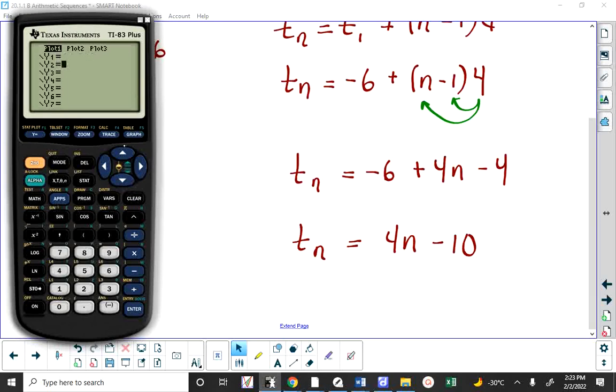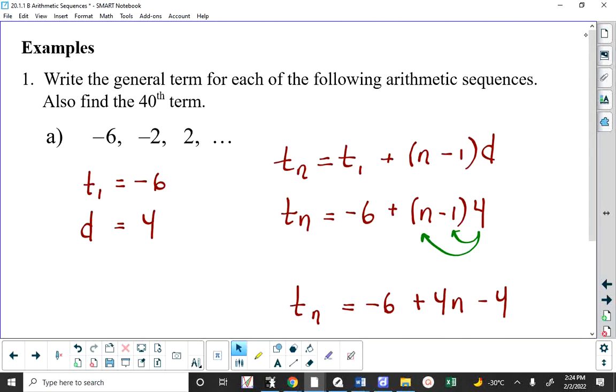I am going to turn my plot off. There we go. I am going to put in 4x minus 10 and go to my table. And what I should be seeing is that when x is 1, I get negative 6. When x is 2, I get negative 2. When x is 3, I get positive 2, etc.